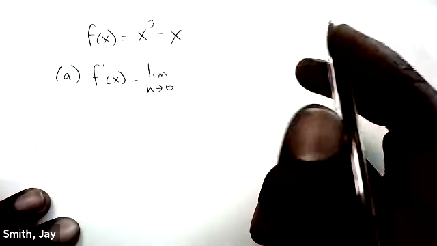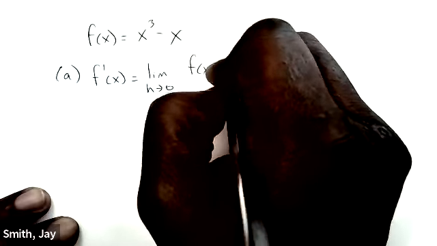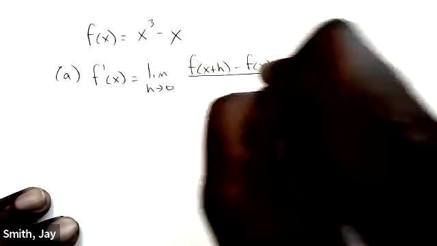I personally lean towards the limit as h approaches 0. So we're going to have the limit as h approaches 0 is equal to f of x plus h minus f of x, and this is all being divided by h.